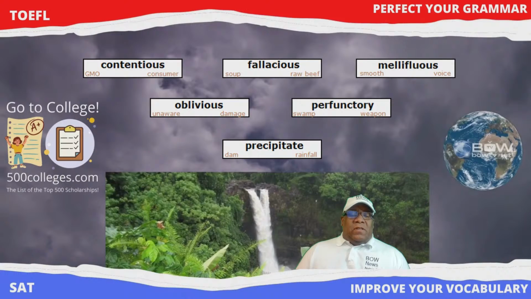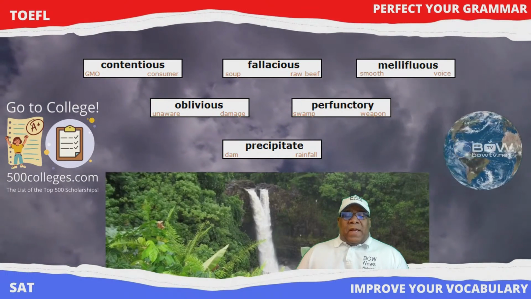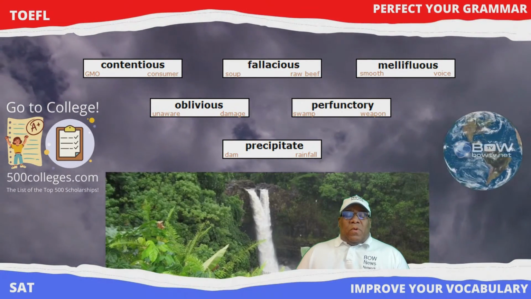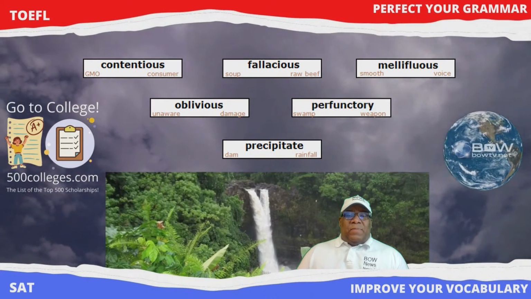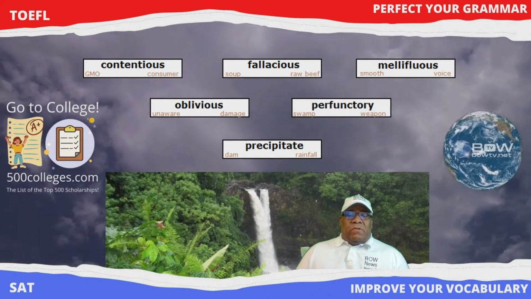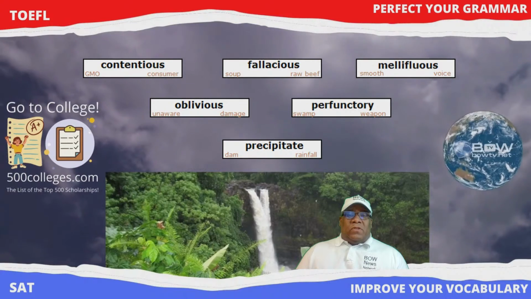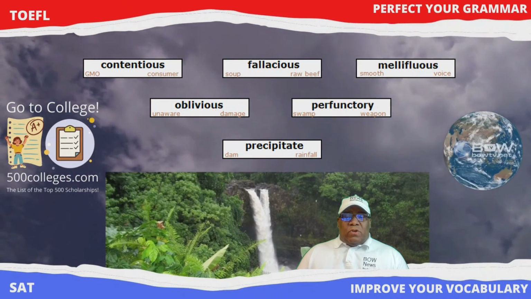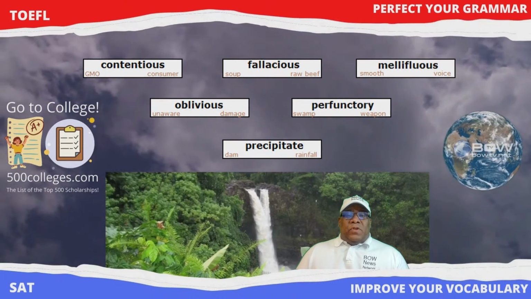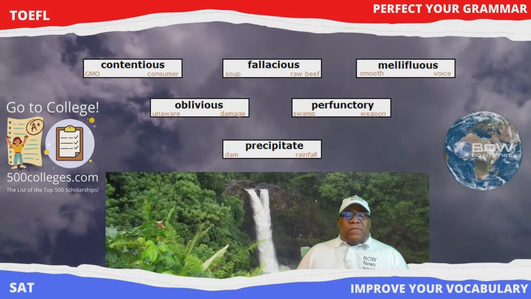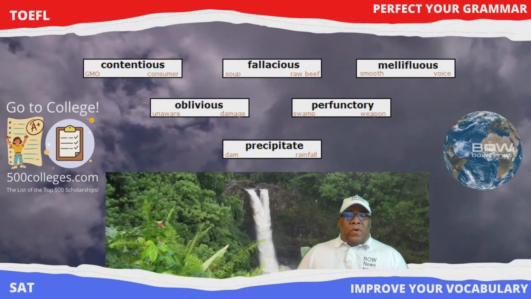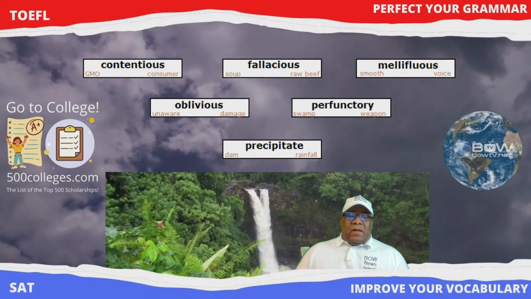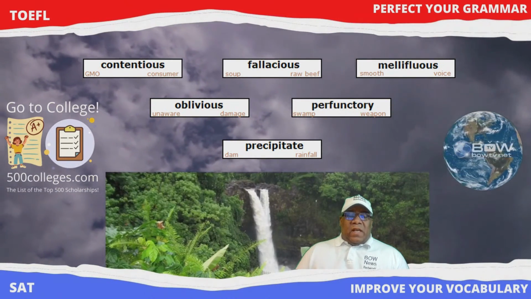And what that actually does is that by focusing on the word with 2 words from the sample sentence, this is going to increase your retention of that word. So when you see the word contentious, you're actually associating 2 keywords from the sample sentence, GMO and consumer. Let's take another look at another one, fallacious.